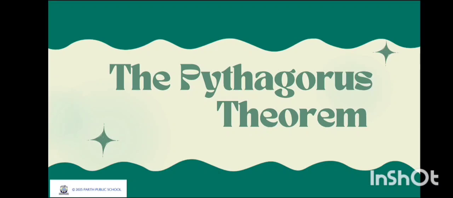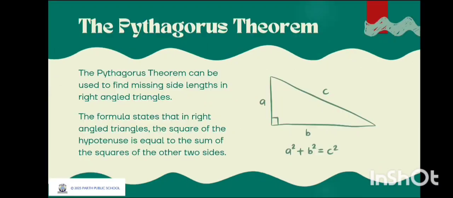questions along with it. First of all, let us understand what Pythagoras theorem is and how we can use it in different right angle triangles. Actually, Pythagoras theorem can be used to find the missing side lengths in a right angle triangle.